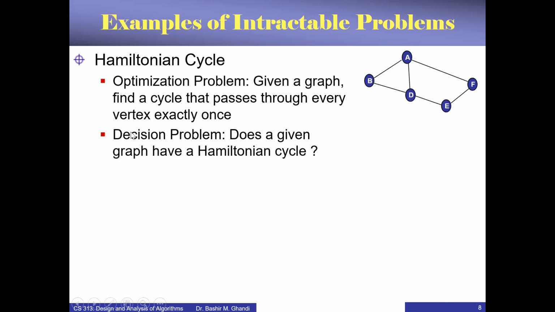Given a graph, find a cycle that passes through every vertex exactly once. Now we can cast this as a decision problem by saying, does a given graph, like the one we see here, have a Hamiltonian cycle or not?